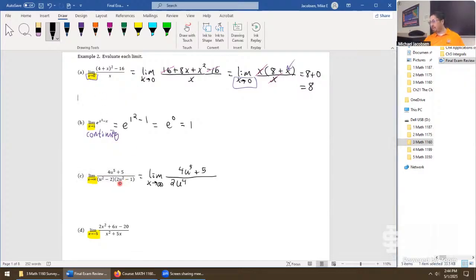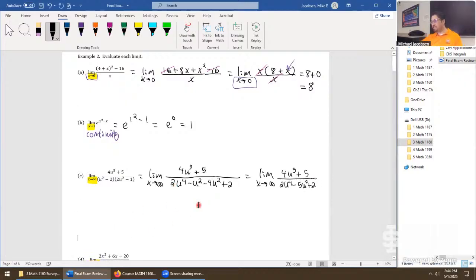So continue to expand, and it's going to be minus u squared minus 4u squared plus 2. Let's simplify that denominator a little bit. The limit as x goes to infinity of 4u^5 plus 5 over, and down below, 2u^4 minus 5u squared plus 2.